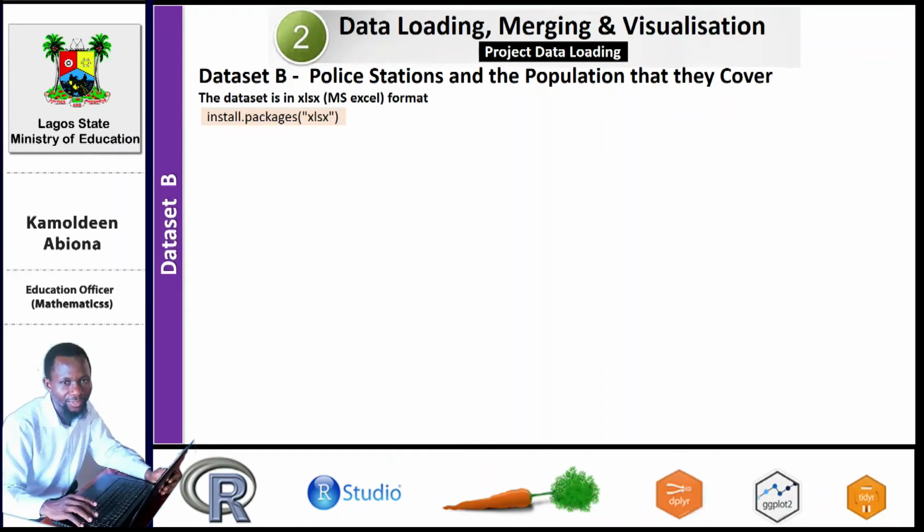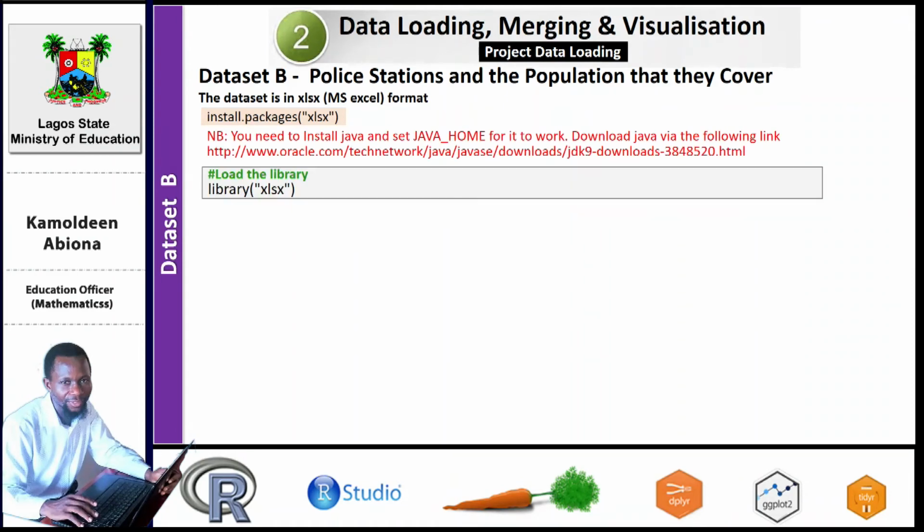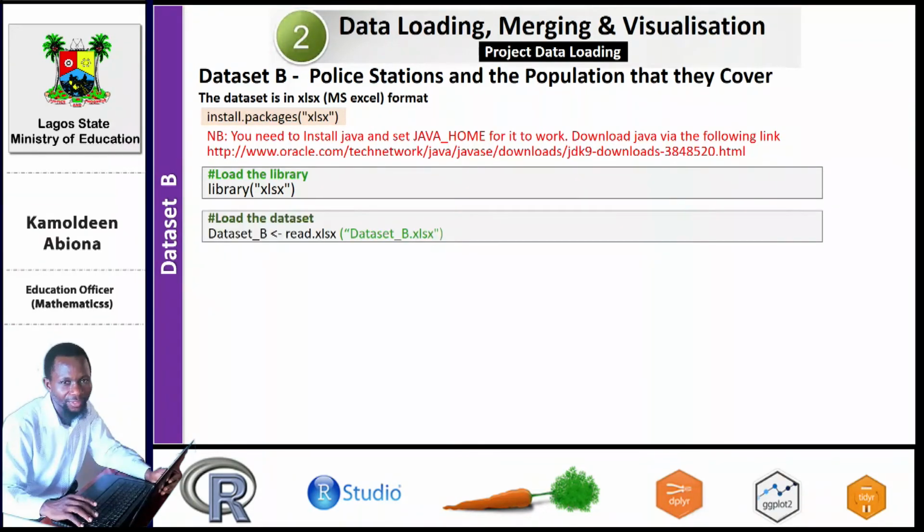Then having installed that, we load the library with library xlsx. So if those two things have been done, then we can proceed to reading the dataset B. So how do we go about that?